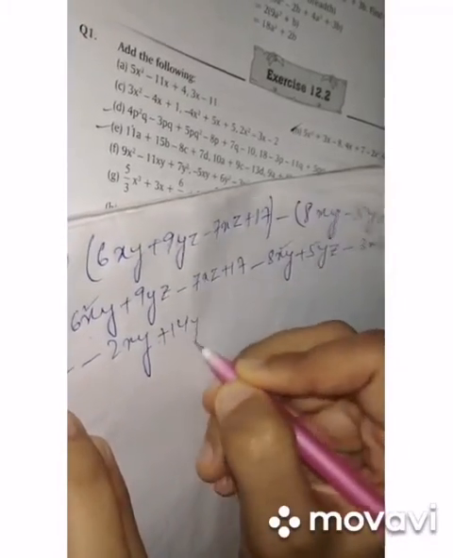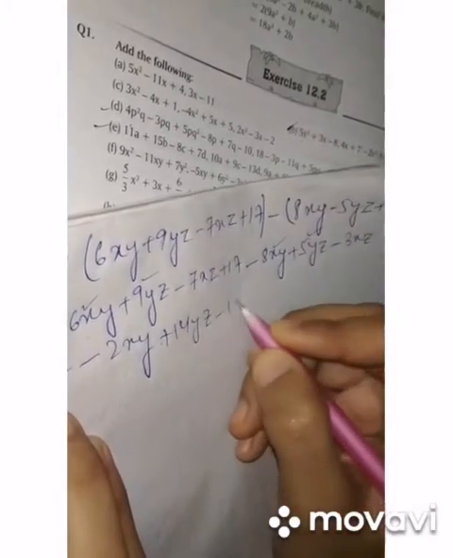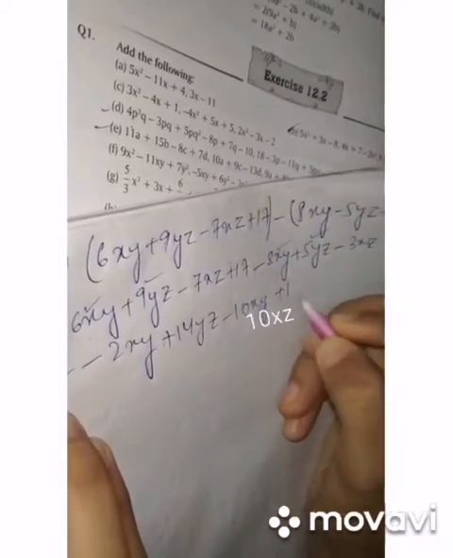Plus 14yz. Minus 7xz minus 3xz, minus 10xz, plus 17.